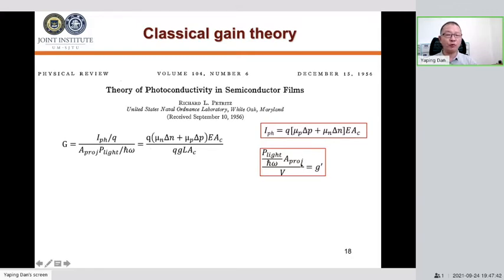Following these two expressions, the photocurrent can be written in this expression. Plug this equation back over here, and we have this q put at the bottom.